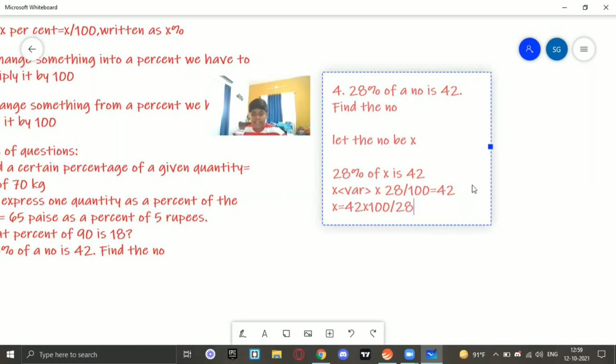When I take it to the other side, it will become division, and division will take the reciprocal, and then we change it to multiplication. That's why it is 100 upon 28 instead of 28 upon 100. And after that, we will be solving the question, cancelling and solving it, and we will get the answer as 150. So the required number is 150. You can write the statement, hence the required number is 150.